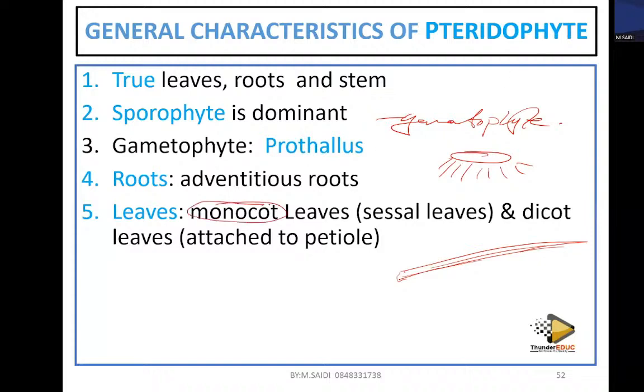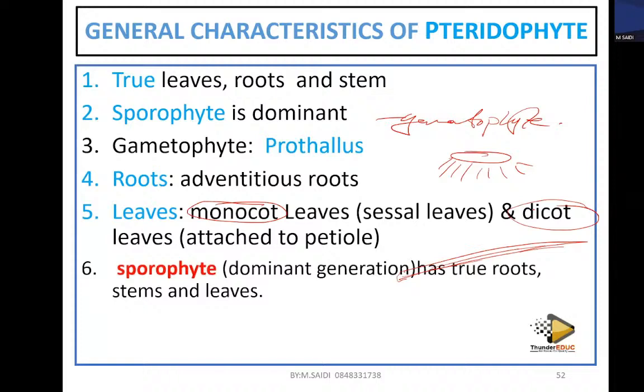Because some students may be confused: a monocotyledonous plant is a plant which has one seed leaf. An example is maize. And a dicot is a plant which has two seed leaves. Examples are peanuts and beans. I think now you understand.